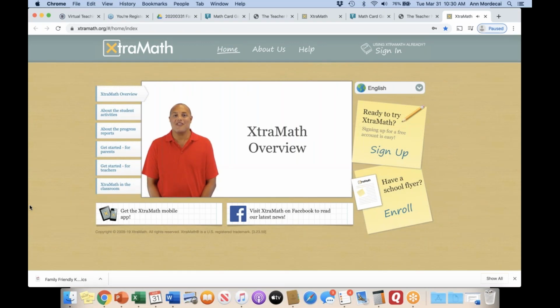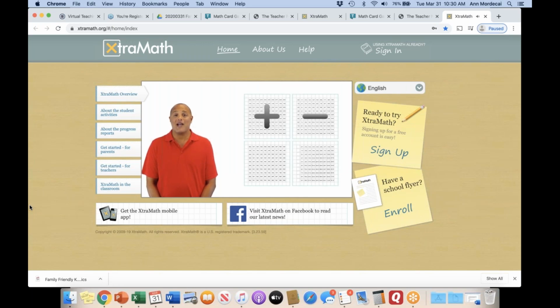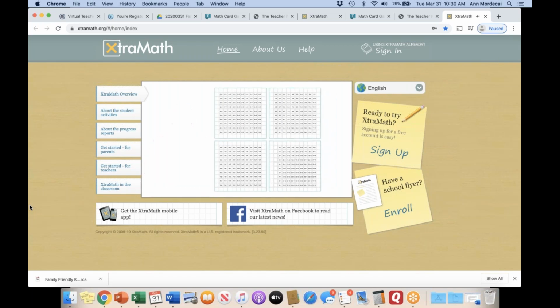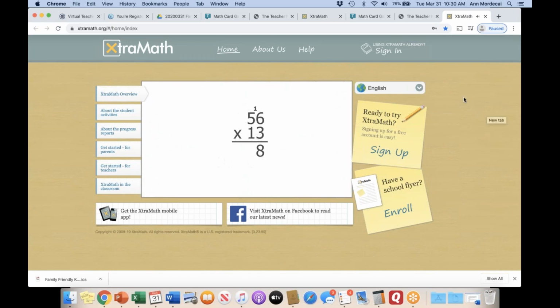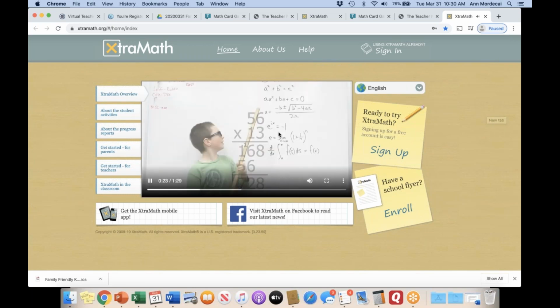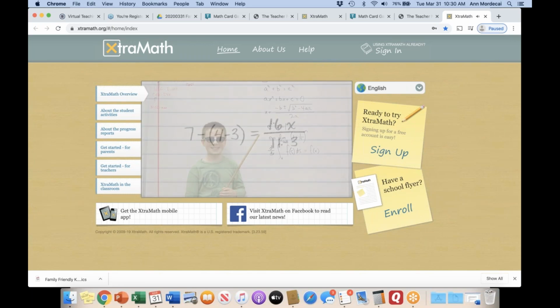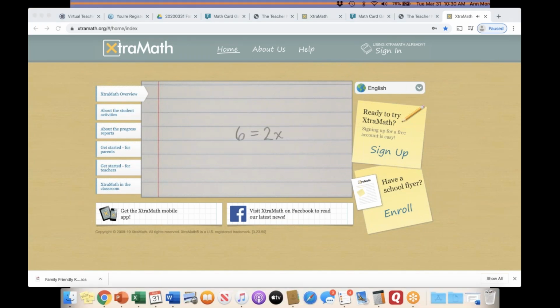Welcome to Extra Math. Extra Math is a math fact fluency program that helps students master addition, subtraction, multiplication, and division facts. These facts are the building blocks of a child's math education and are absolutely essential for success with fractions, decimals, multi-digit algorithms, and higher level math. Recalling basic facts quickly and easily frees up mental resources for more complex problem solving.